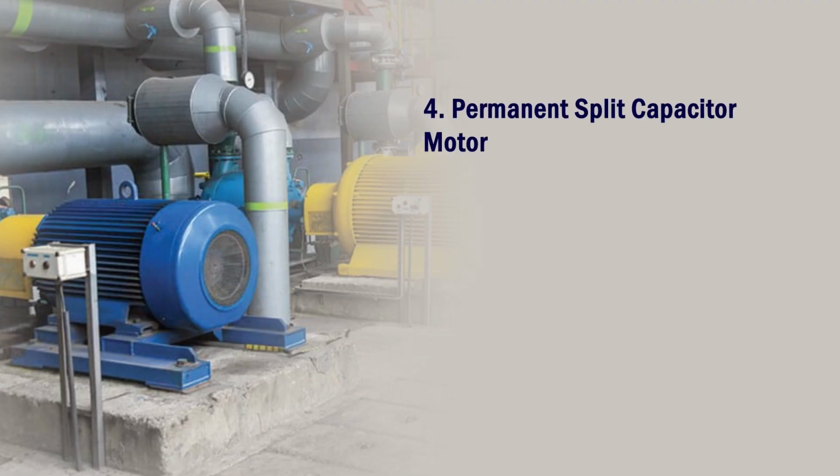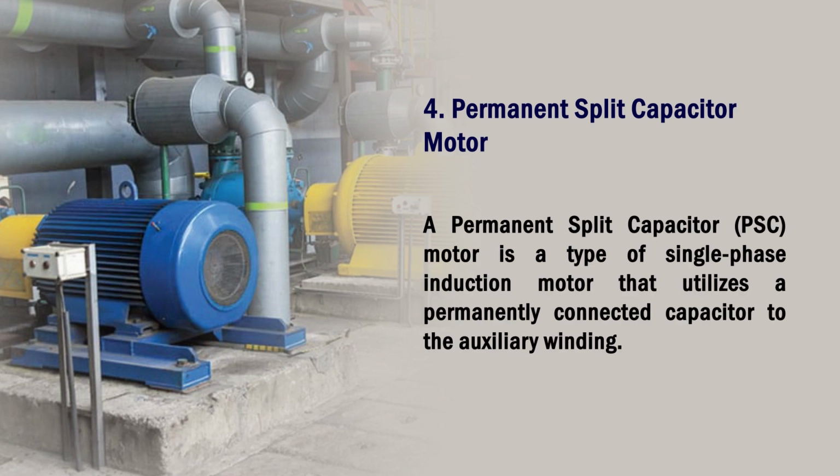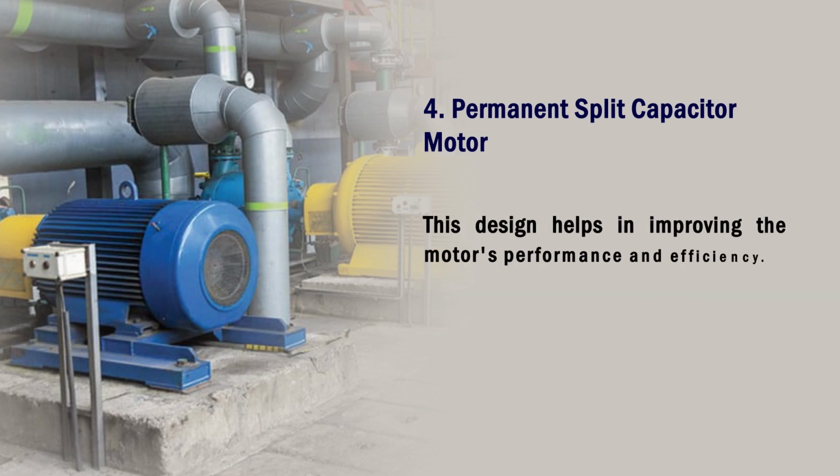Now the fourth type of motor is the permanent split capacitor motor. A permanent split capacitor motor is a type of single-phase induction motor that utilizes a permanently connected capacitor to the auxiliary winding. This design helps in improving the motor's performance and efficiency.